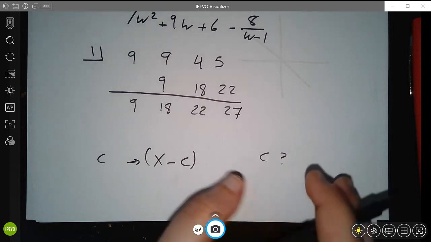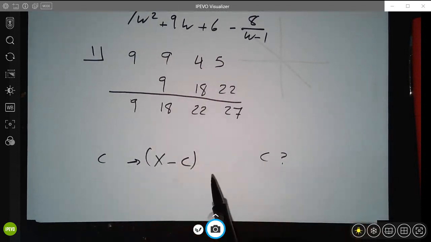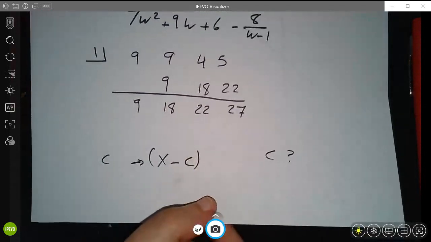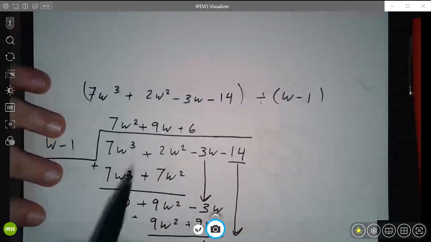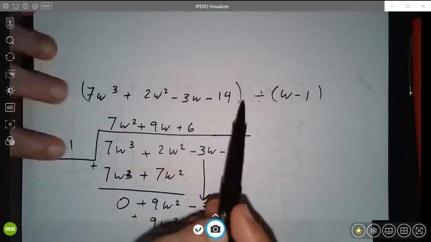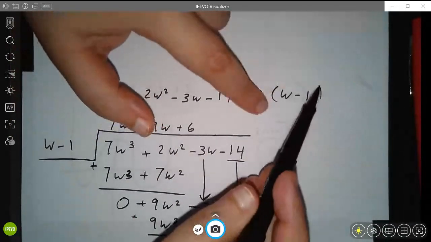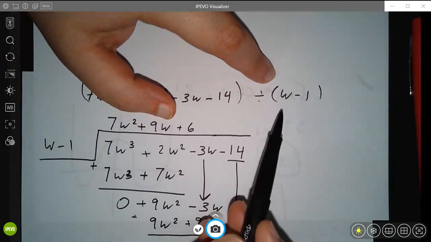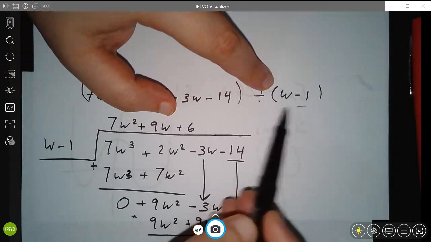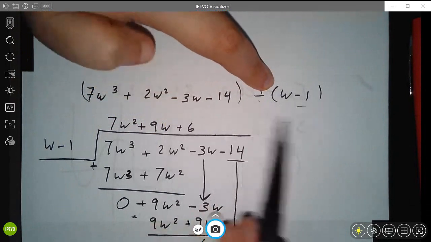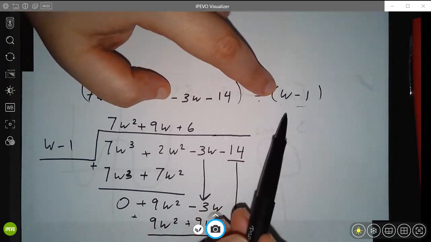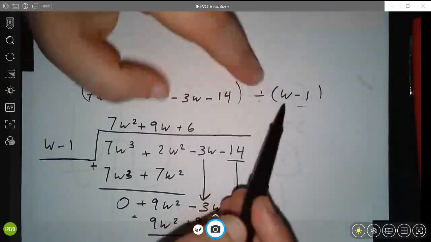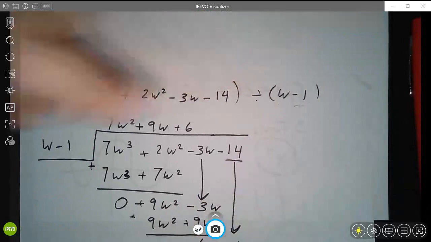No. Okay. So when you're doing synthetic division, if you remember, we spoke of a rule that synthetic division only works if the question looks somewhat like this. We have a function being divided by a polynomial of the first degree, and it can only be the first degree, yes? So this is essentially x minus 1 instead of w, right? So it would be x minus 1. Now, the setup for a synthetic division to work, what the function is being divided by needs to be in the form of x minus c.